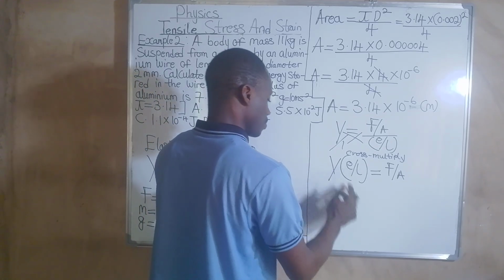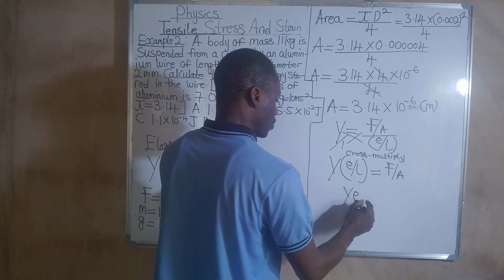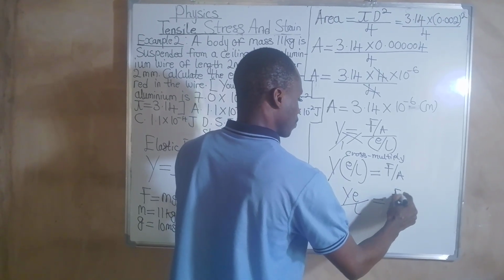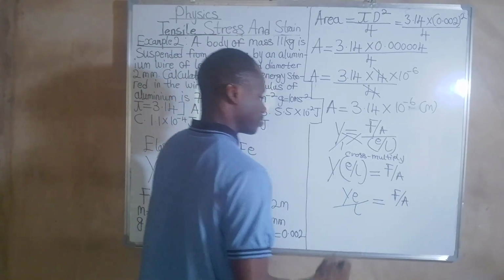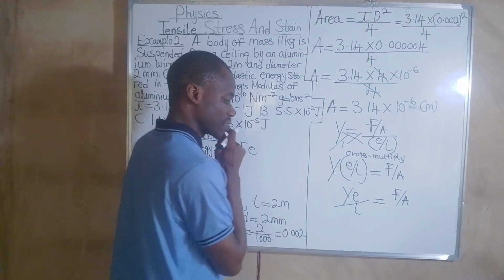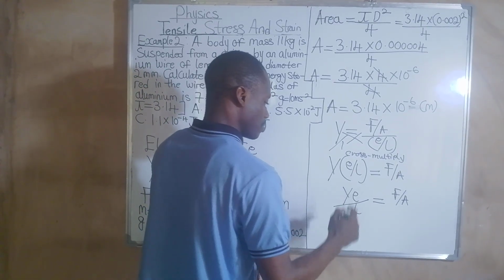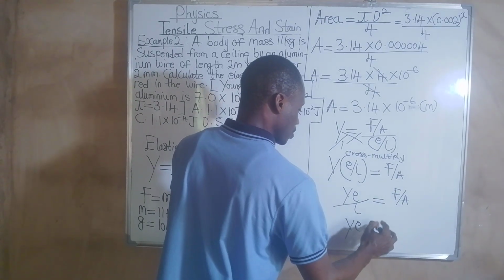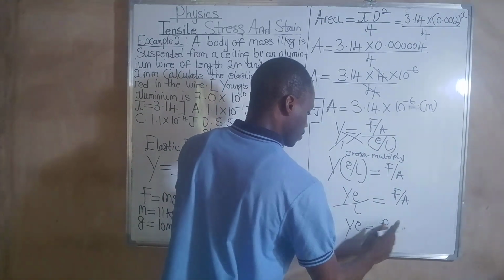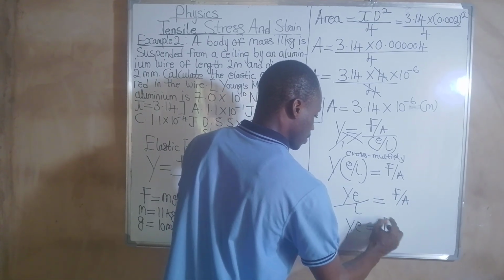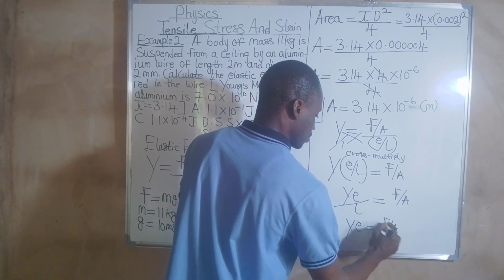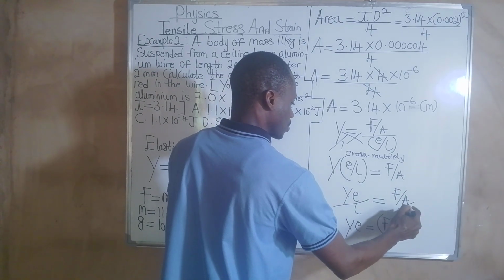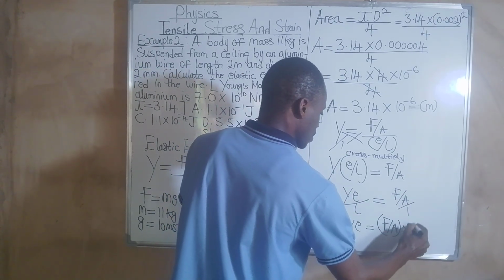So let's say Y E over L equals F over A. Still going to cross multiply. So Y E is equal to F over A, put in brackets, because this is going to meet this, so it will be times L.